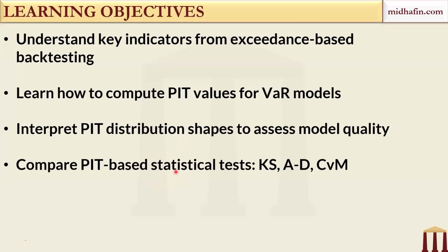These will include tests like KS, which stands for Kolmogorov-Smirnov test, AD, which stands for Anderson-Darling test, and CVM, which stands for Cramer von Mises test. Each of these topics will build on the other, and by the end you'll be equipped with a full toolkit for validating VAR models the smart way.